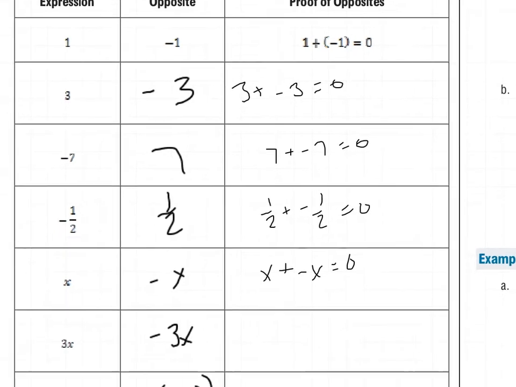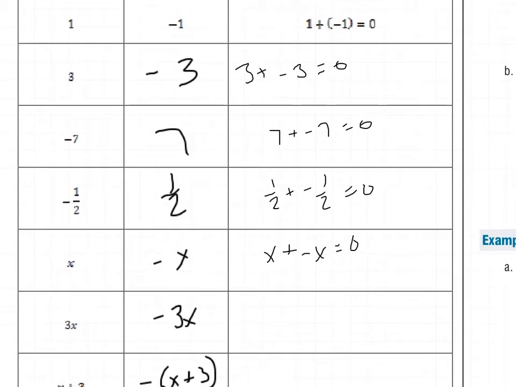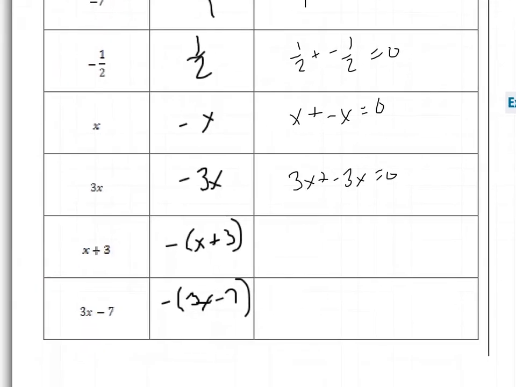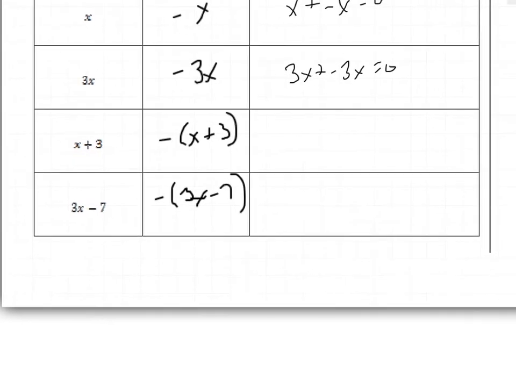These next couple are the ones I really want to talk about in order to think about what value we're really getting from filling out this chart. The opposite of this would be this. We can think about the opposite also being distributed in as a -1.